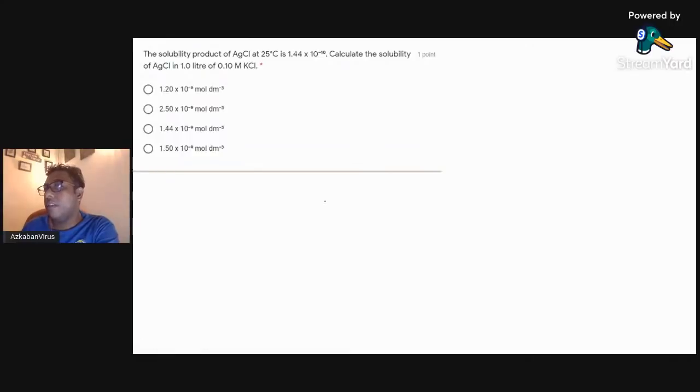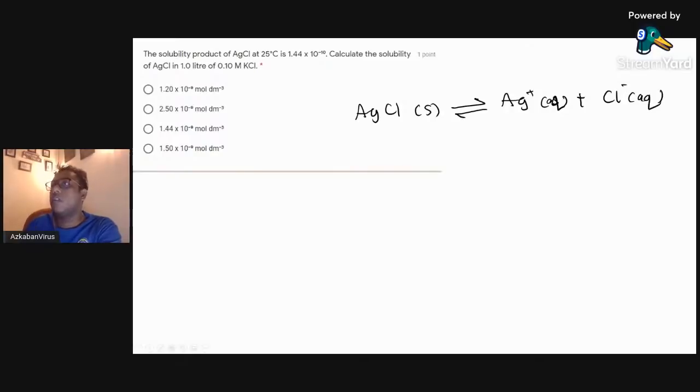Okay, last one. AgCl solid, dia akan jadi Ag plus tambah Cl minus, kalau ini S, ini pun S, ini pun S. Okay, dia kita given KSP is equal to 1.44. Dia minta cari solubility.